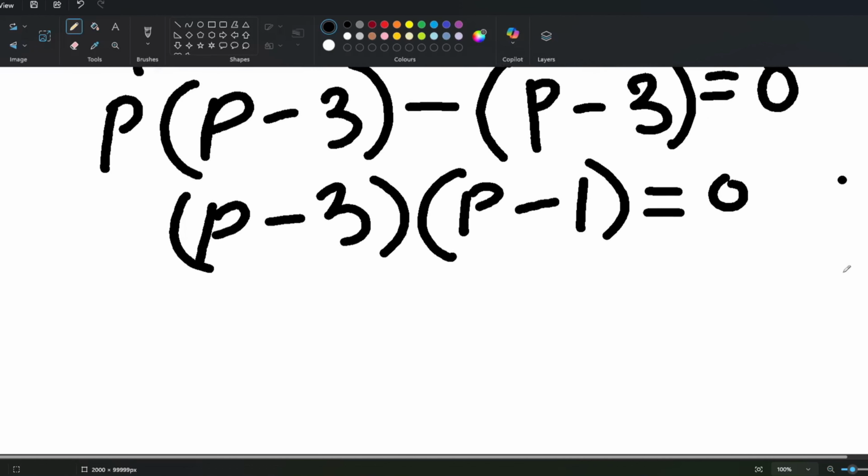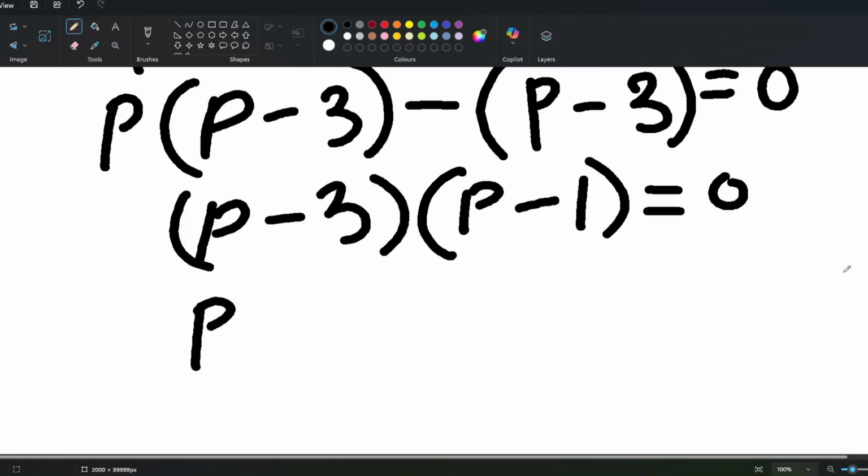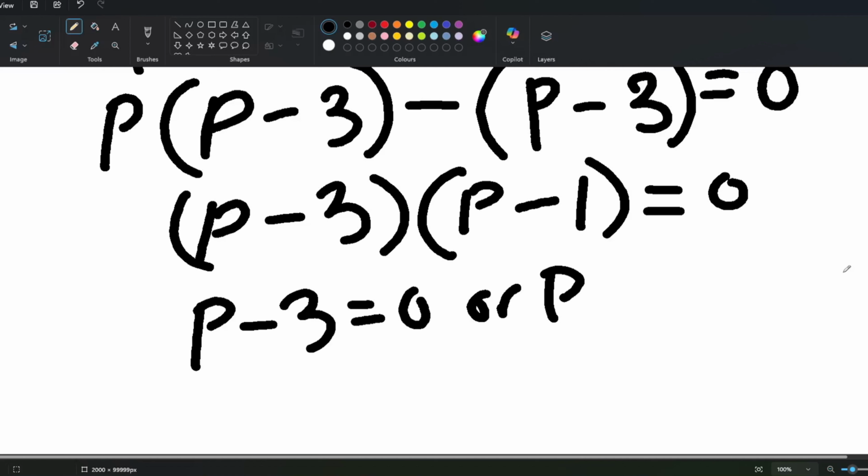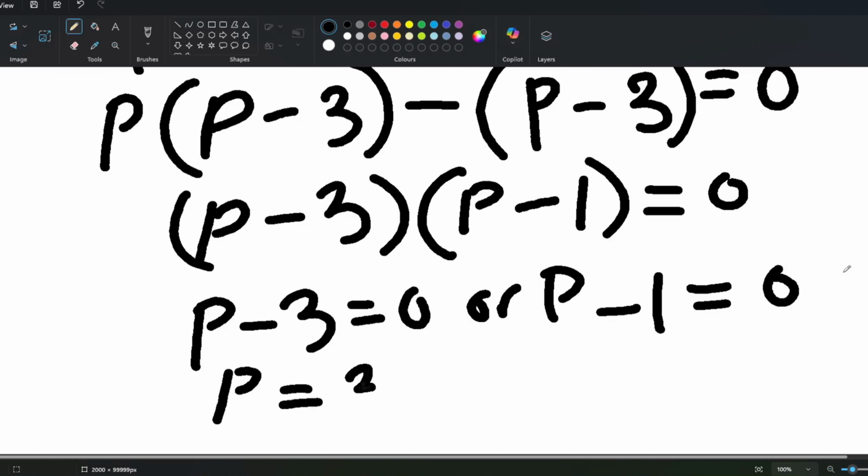Okay, so p minus 3 equals 0, or p minus 1 equals 0, and from there p is equal to 3, or p is equal to 1.